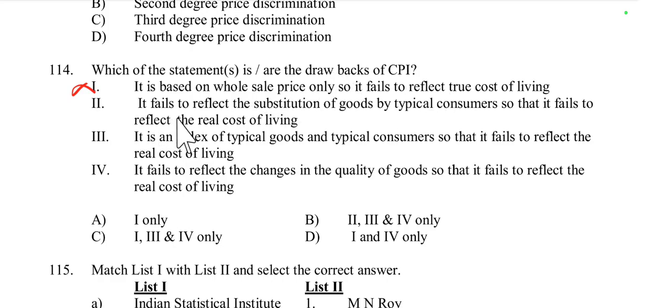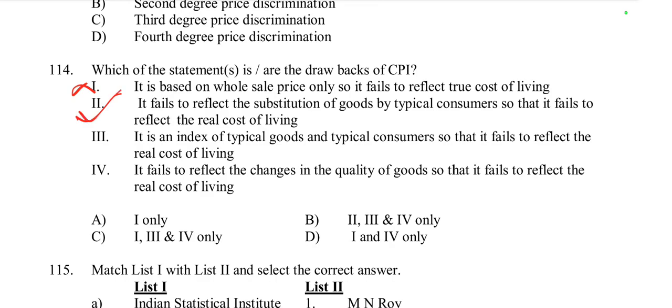Then the second one: it fails to reflect the substitution of goods by typical consumers, so it fails to reflect the real cost of living. Yes, this is a drawback of CPI because the CPI uses a fixed basket of goods and services, not accounting for changes in consumption patterns when prices change, which can lead to an overestimation of the cost of living.